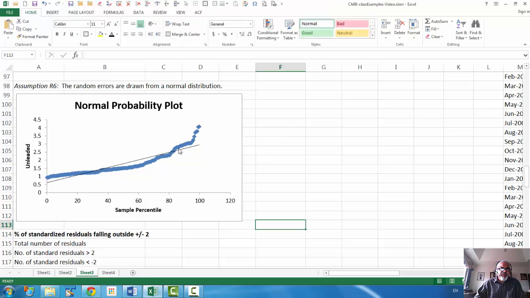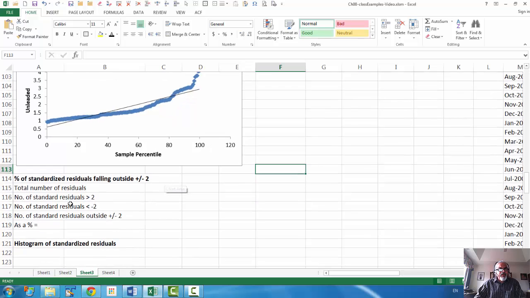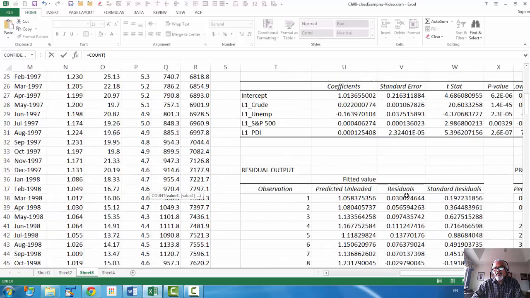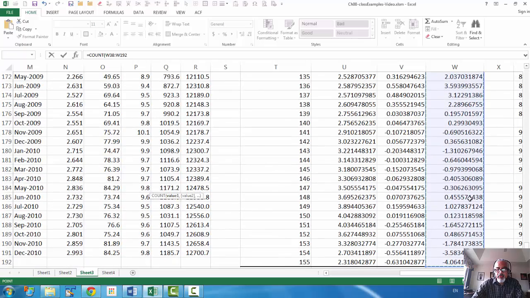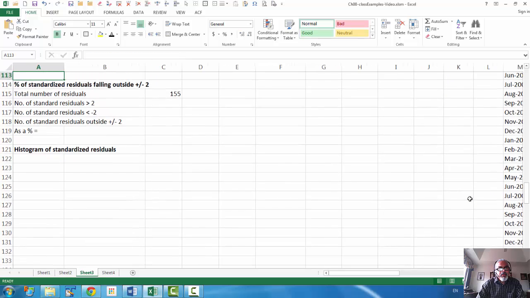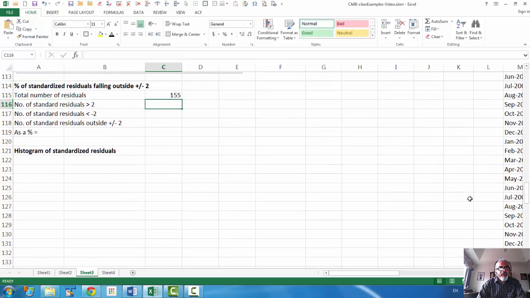It's kind of not very promising, but let's look at the percentage of standardized residuals that fall outside plus or minus 2. The total number of residuals is the count of residuals, and remember, this is standardized residuals we're talking about. Now, how many fall outside the upper limit?